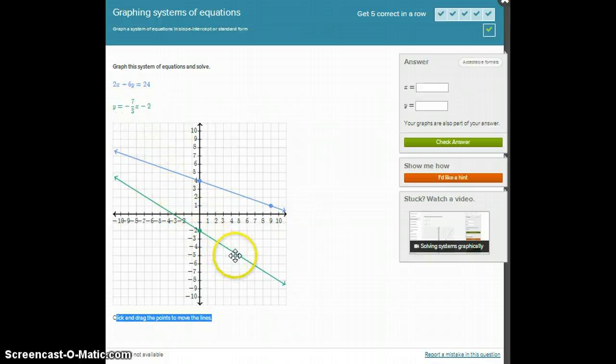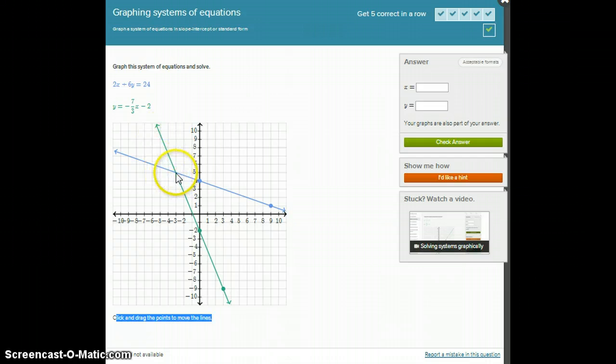Well, easy. The slope says negative 7/3. That means we need to go down 7 units, and then we move 3 across. There you go. So this green equation leads us to draw this green line here.